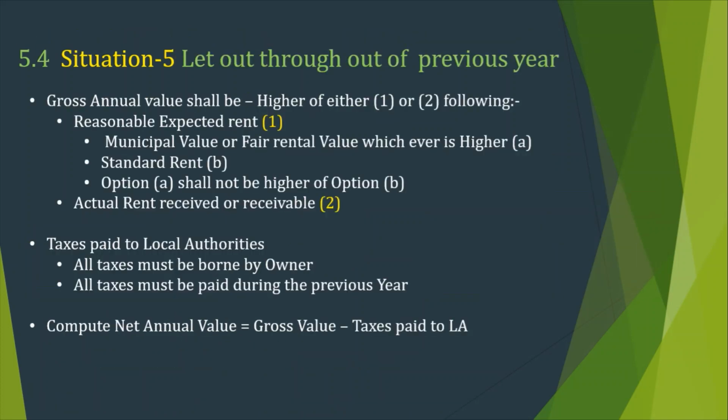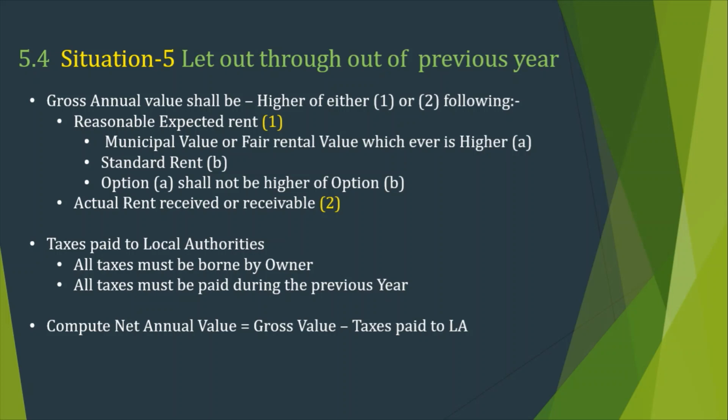Situation number 5, let out throughout the year, means a property that is let out during the 12 months. In that case, expected rent is the municipal value or fair rent value, whichever is higher, but limited to standard rent. If the standard rent is more than the municipal value or fair rent value, then we will consider the standard rent.